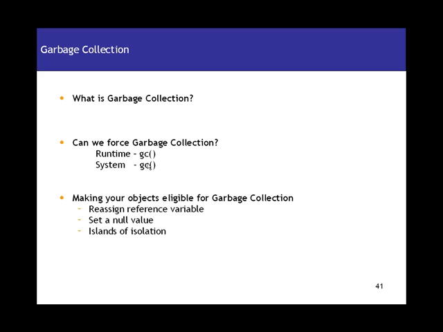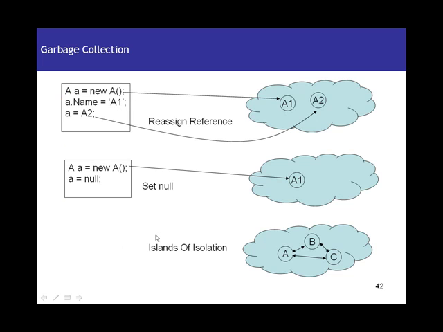So how can I make my particular object unused if I want the garbage collector to run? There are different mechanisms. The three things listed here are: 1, reassign the reference variable; 2, set a null value; and 3, islands of isolation. Let's discuss these three here.